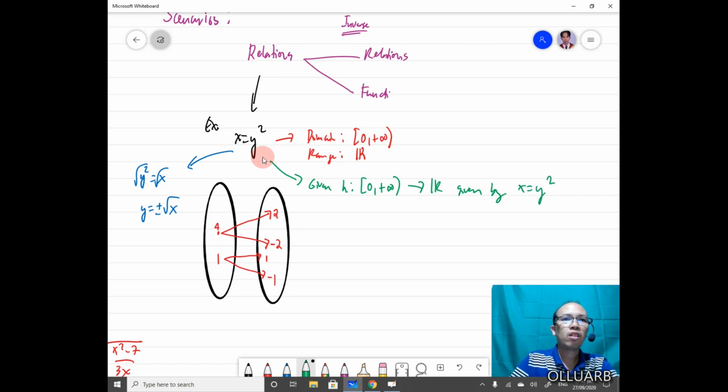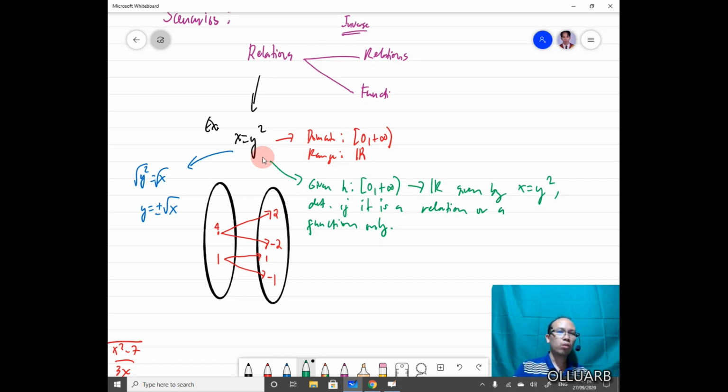Determine if it is a relation or a function only.